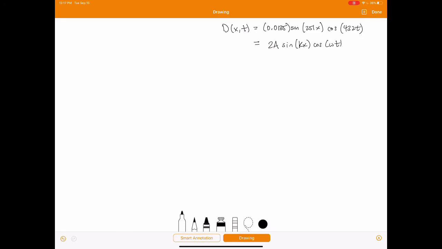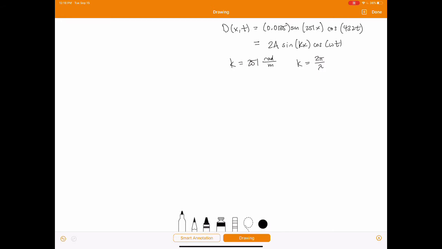And just by making that direct comparison, we can see that k is equal to 251. Now, you might be worrying about the units at this point, but everything is in SI. So we have radians per meter. That's the SI unit for k, the wave number.